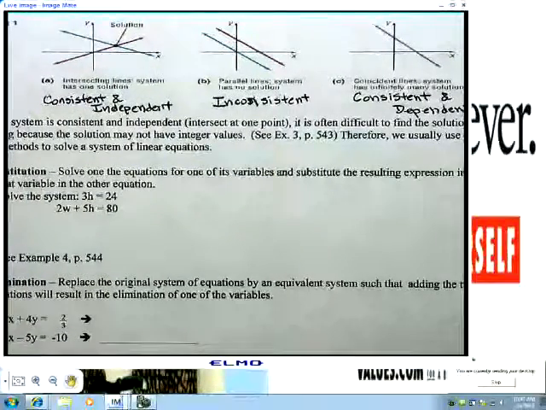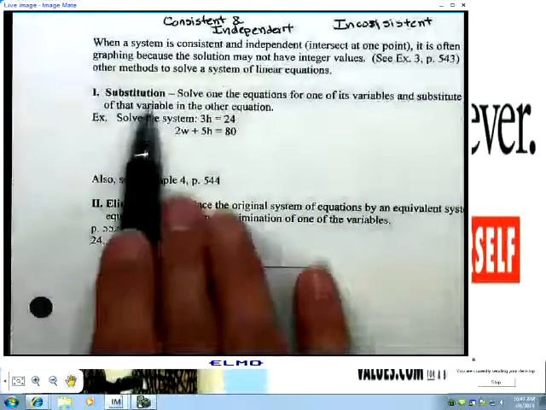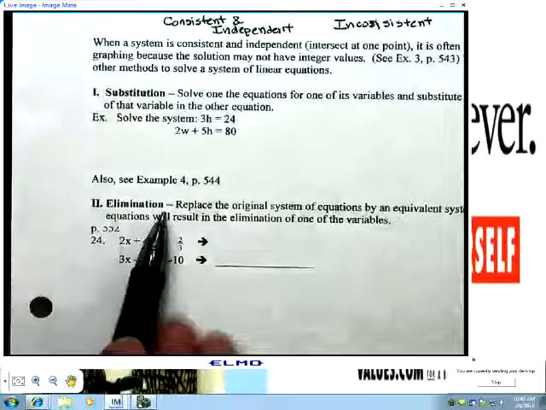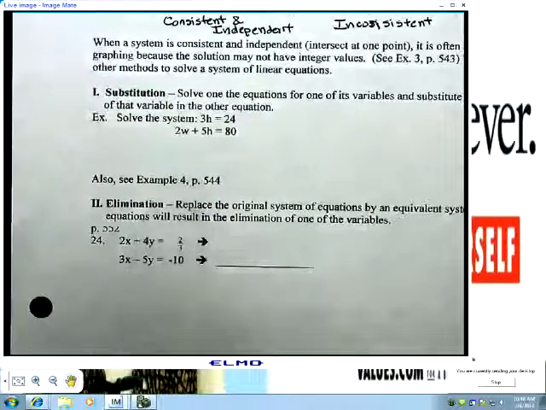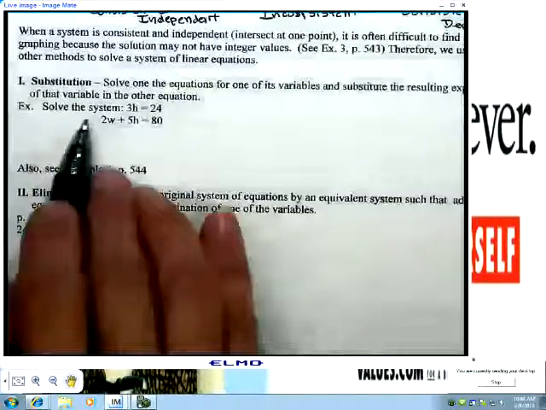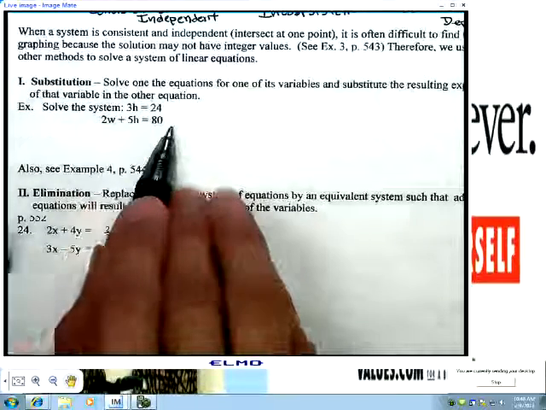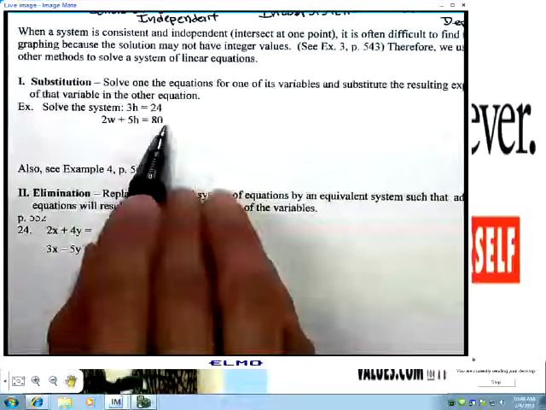There are two other methods that are more efficient for solving equations, and one is substitution, the other is elimination. Let's talk about substitution first. In that example, I have 3h equals 24 and 2w plus 5h is 80. That's my two equations.